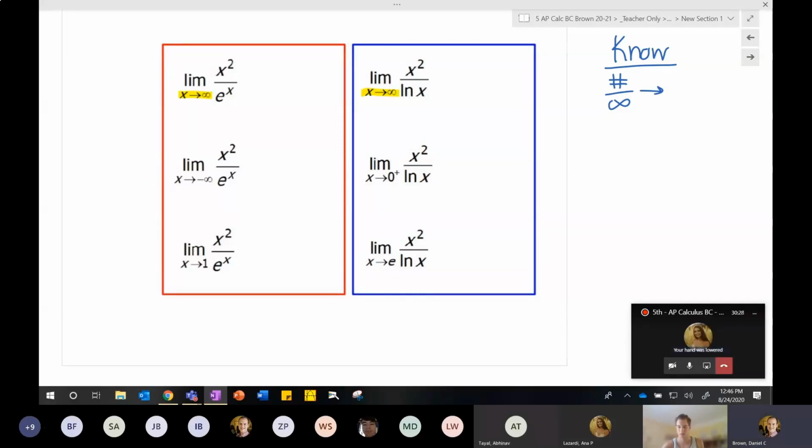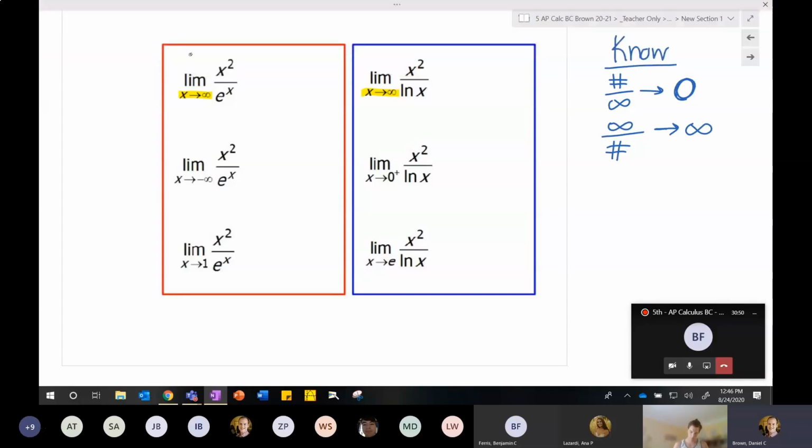Any suggestions? 0. So when the denominator is really big, we know overall this is going to go towards 0. If you have infinity over a number, dividing infinity by a number is not going to do anything, it's still going to be infinity.